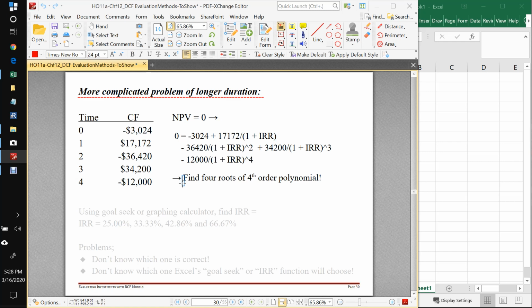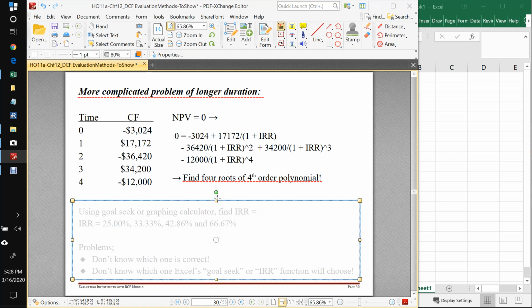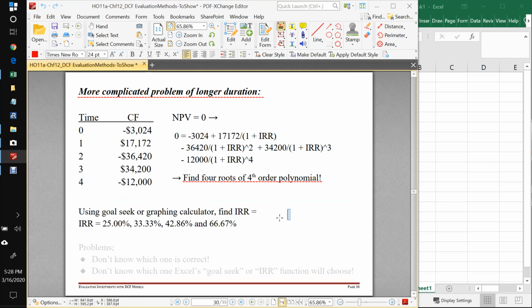So now what do we have to find here? We have to find 4 roots of a fourth order polynomial. Okay, we could do this with goal-seek or a graphing calculator, and we could find 4 legitimate IRRs for this. Yikes. Okay, so 4.